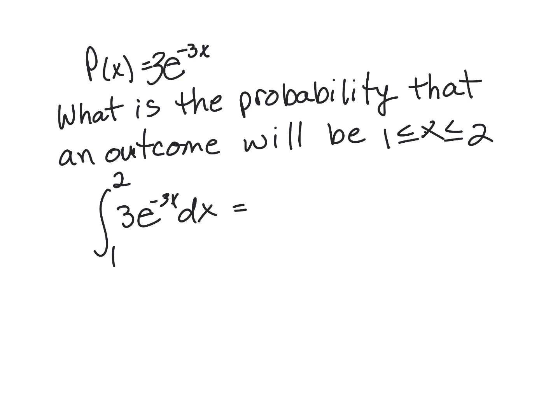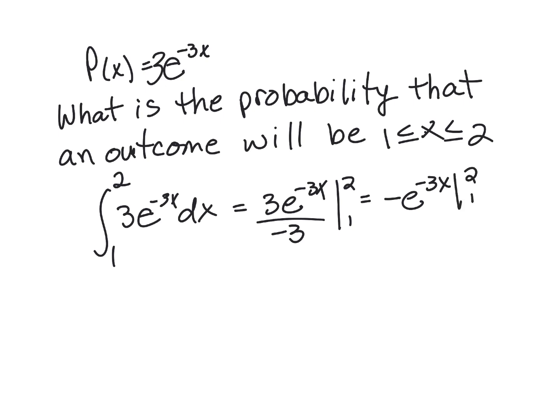So integrate and evaluate. And we're going to get some nasty numbers. Minus e^(-6) minus negative e^(-3).